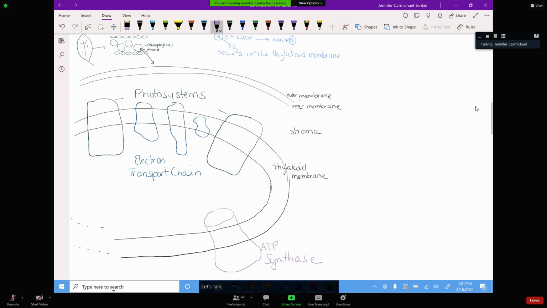Let's talk about the sunlight first. Sunlight is hitting the leaf. The chlorophyll are going to absorb it, right? So this is light.